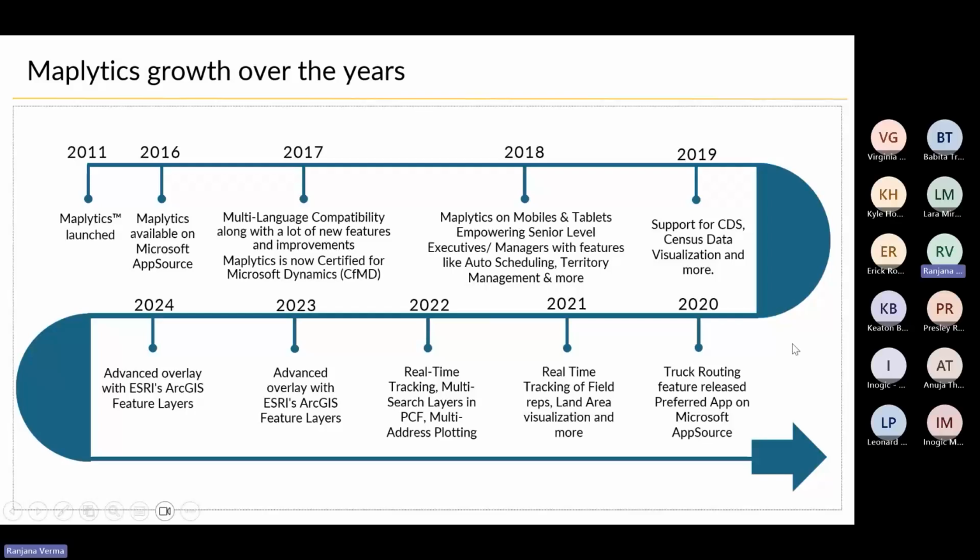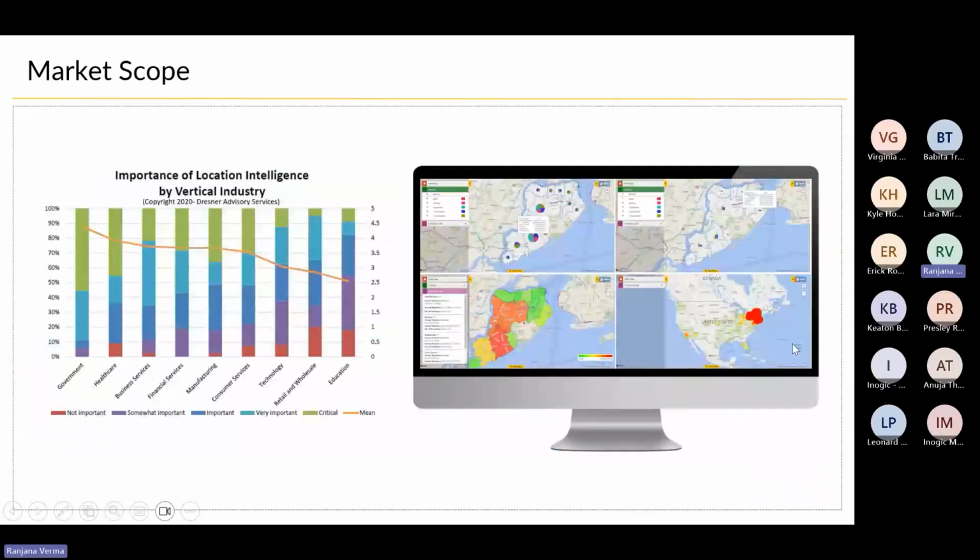On similar notes, let's see the market scope. Before 15 to 20 years, when we said location intelligence, there was a notion that only logistics companies would be using it, because that is where people go on the ground and work.